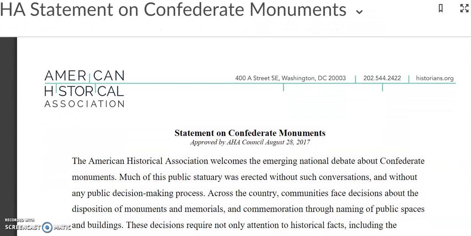So this is a statement representing this professional organization made up mostly of academics. Academics, weirdly, right now have a reputation for being super lefty, but actually historians tend to be very kind of centrist and possibly slightly more conservative than other disciplines in the humanities.